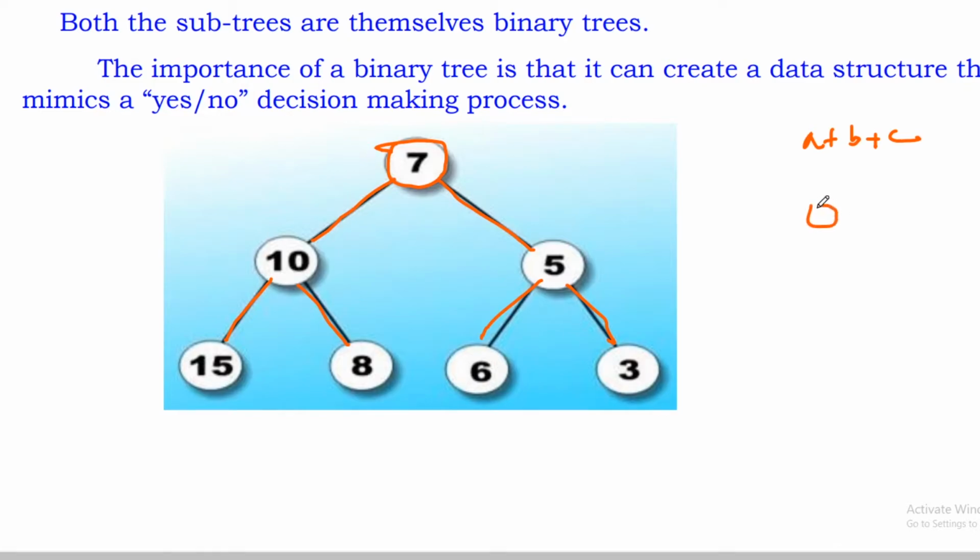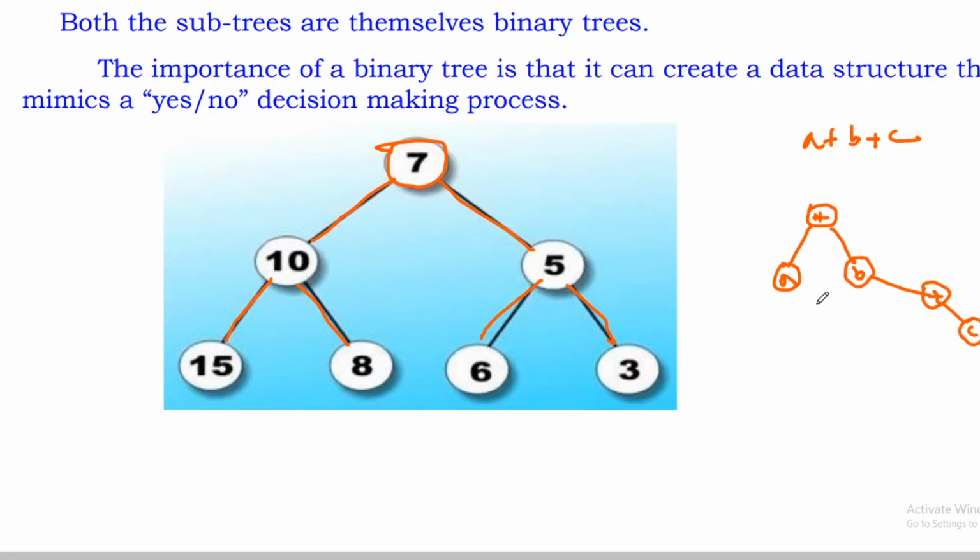So first is A plus B. We are performing the plus operation, so to the left of this we have A, and then to the right of it we have B. Then we have plus C. So then we have one more operator. On the right side we have a plus, and to the right of this we have a C.